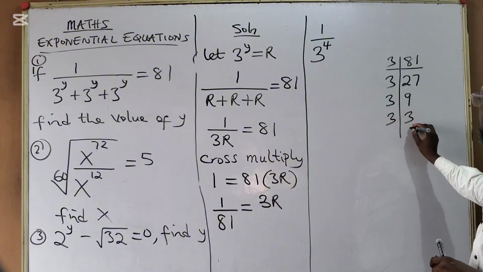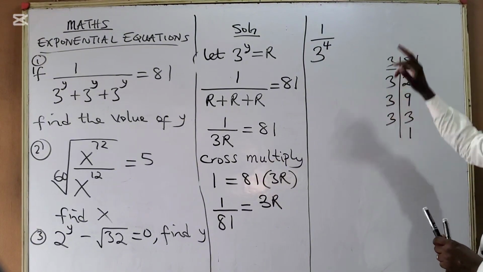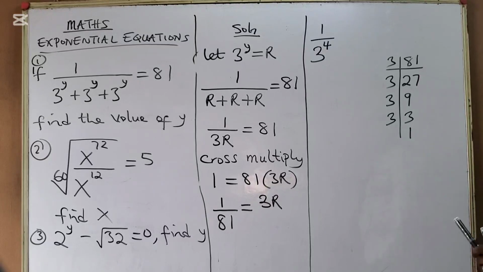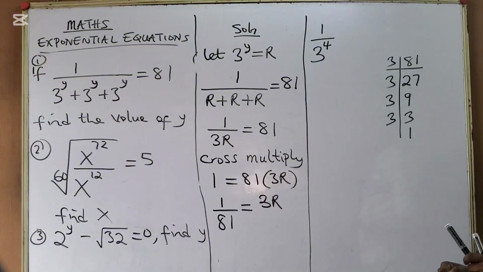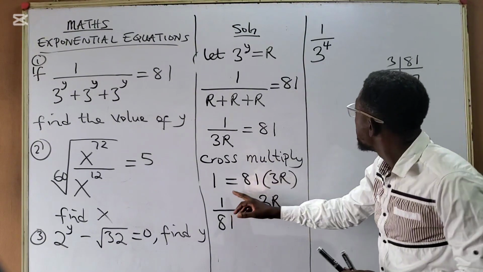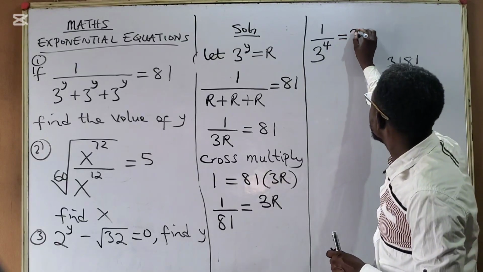And 3 divided by 3 is 1. So we have 1, 2, 3, 4, and that gives 3 raised to power 4, which is 81. So now we get 1 over 3 raised to power 4 equals 3r.